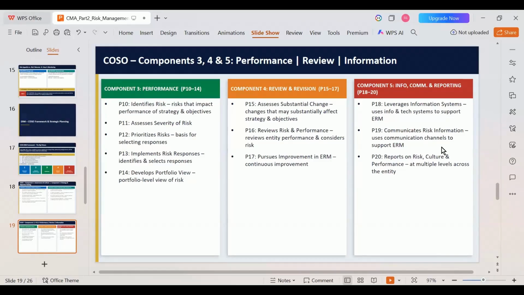Then comes component 4, which is review and revision. So here what happens? It assesses substantial change. So what is this substantial change? Let me give you an example. Our business environment is very dynamic in nature. That means every now and then it will keep on changing.